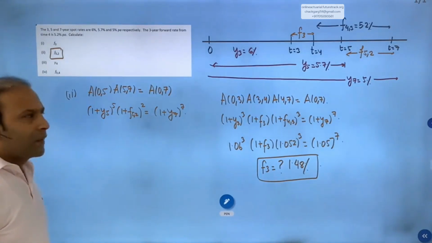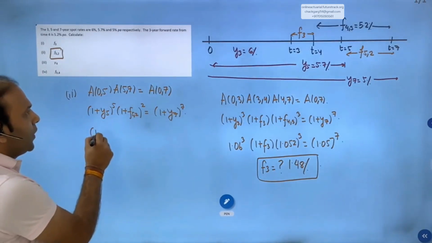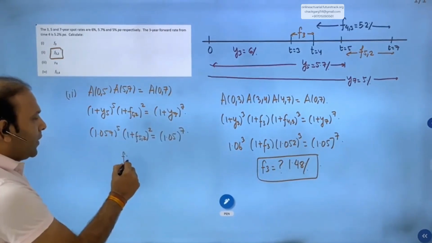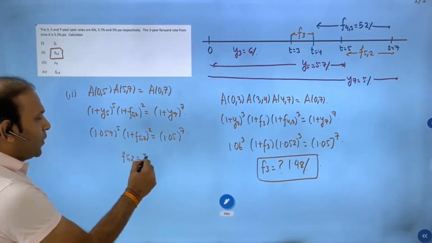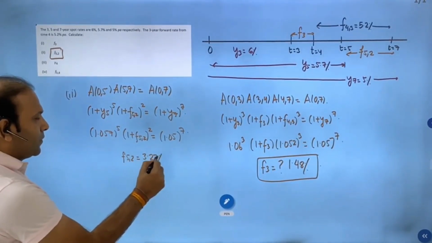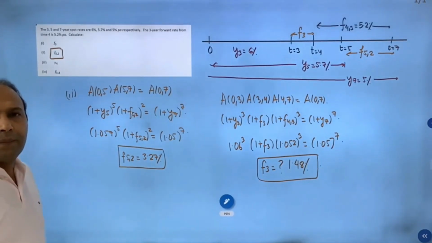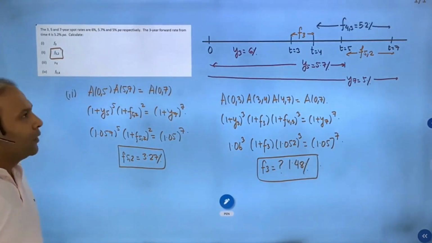Can I write? So class, 1.057 raised to power 5, f 5 comma 2, it is 3.27%. Fine. Hope you get the same answer.